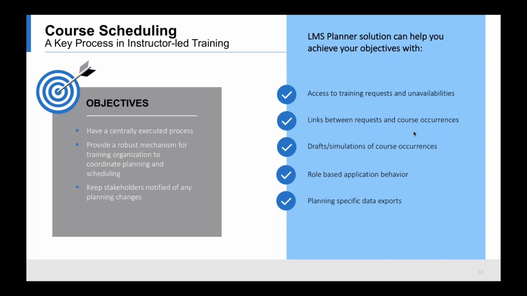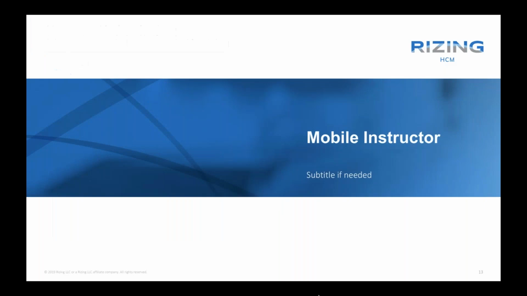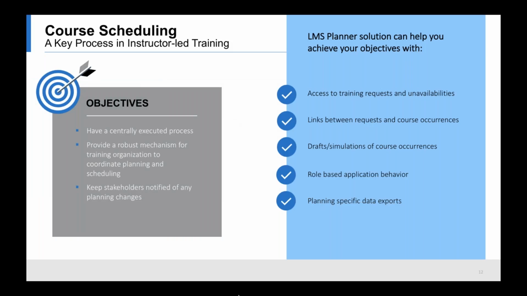Perfect. So essentially, if we look through this, the objective and why course scheduling is such a key process in instructor-led training is being able to have that centrally executed process, right? To have everything in one place, and not just a tool that simplifies that, but also a robust mechanism for the training organization to coordinate that planning and scheduling.